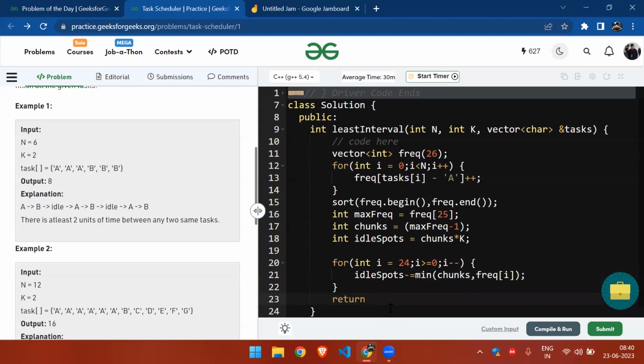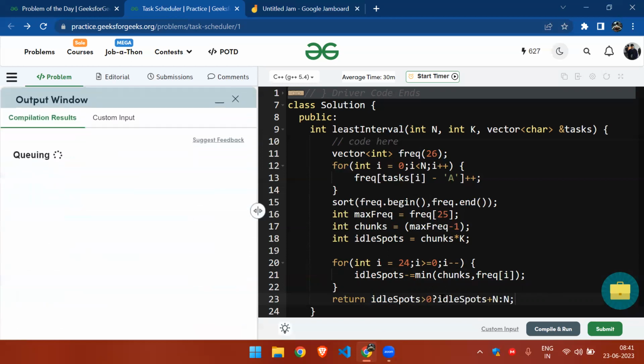We are going to return: if we have any idle spot greater than 0, then I will have my answer as idle spots plus n. If I don't have any idle spots, I will simply return n. Okay. Let me run and check if we have any error. No, it's working fine.